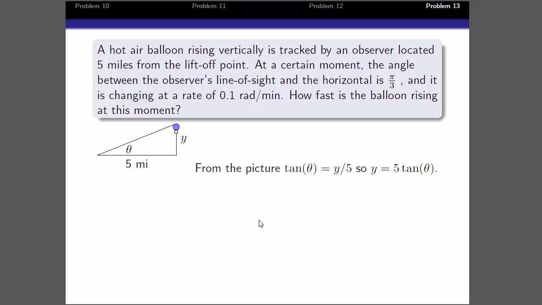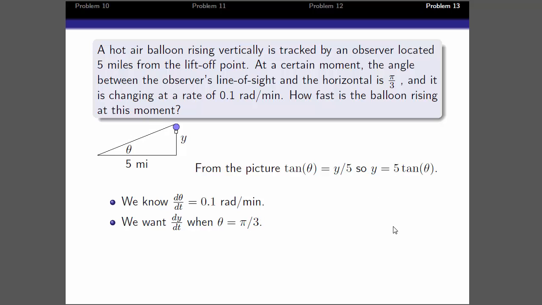Okay, we need a statement of what we know and a statement of what we want. We know that the angle is changing, or I should say increasing at a rate of 0.1 radians per minute. And we want to know how fast the balloon is rising, so we want to know how quickly y is changing. So we want dy over dt when theta equals pi over 3 radians.